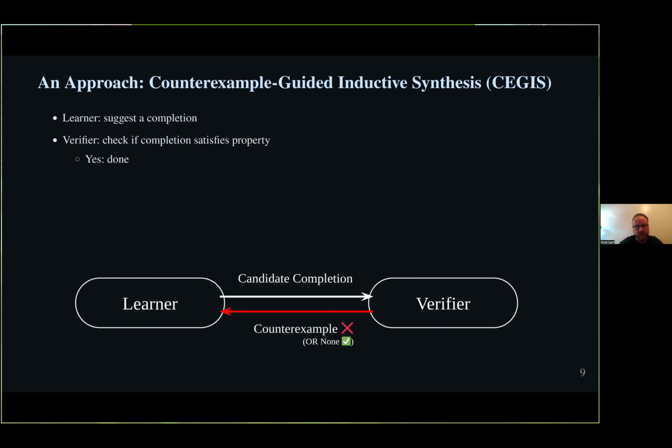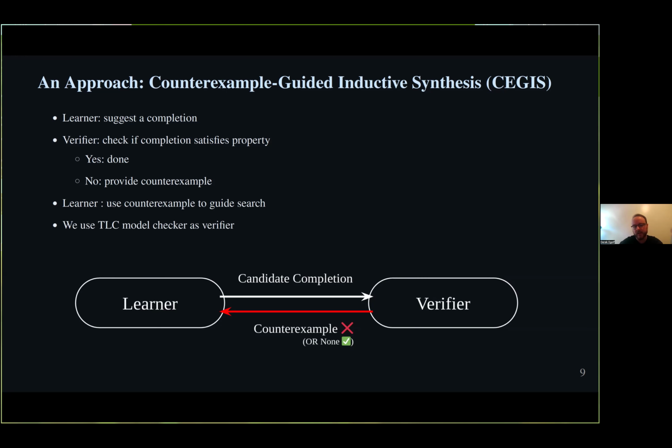We've found a completion that satisfies the property, so we've synthesized a protocol. But if the verifier finds that it doesn't satisfy the property, then it's going to provide a counterexample. And another job of the learner is to use this counterexample to guide the search going forward. In the ideal situation, the learner will never suggest a completion that exhibits any of the counterexamples that it's seen before.